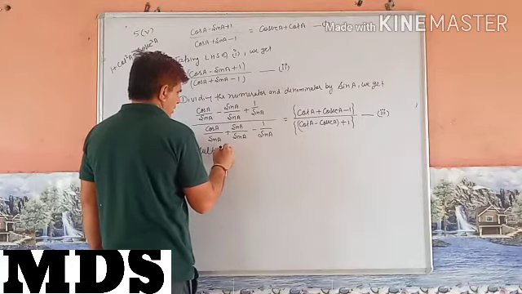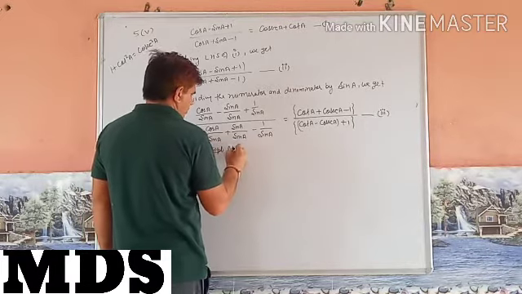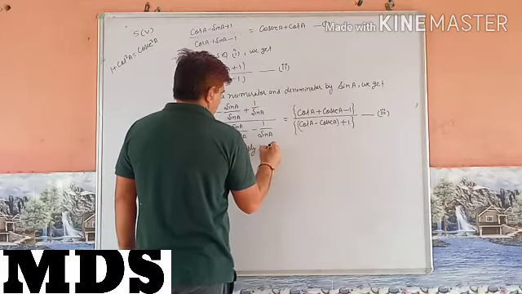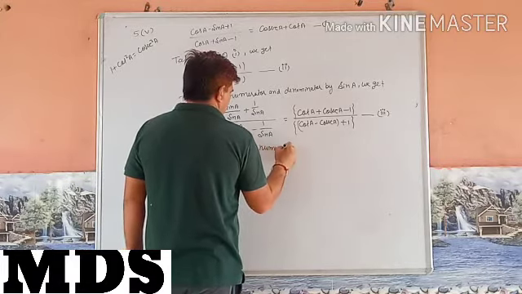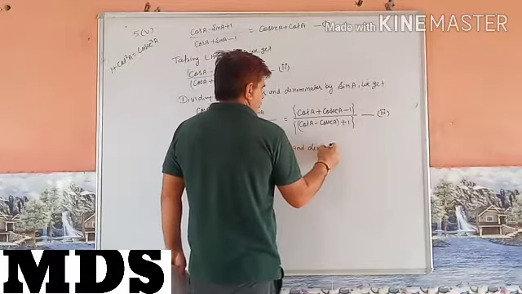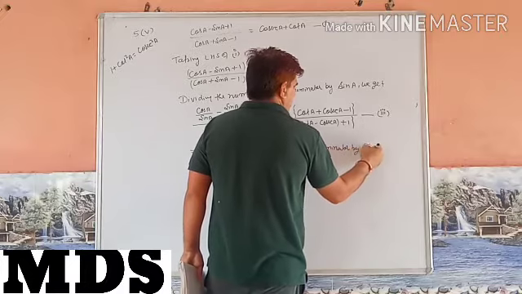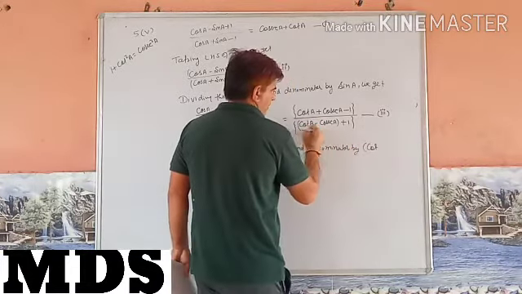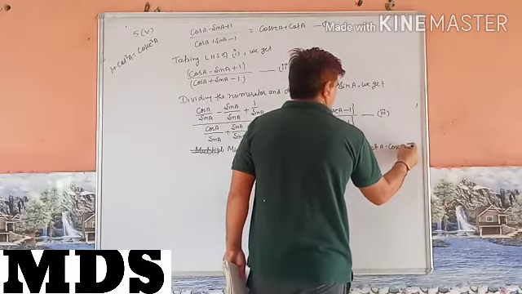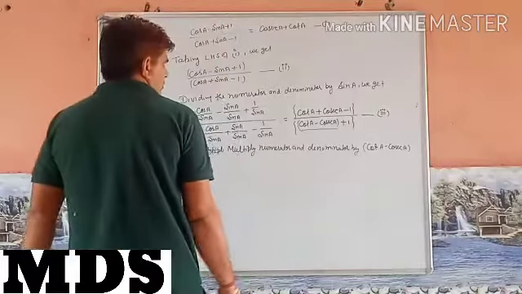Multiply the numerator and denominator by cotangent A minus cosecant A, because here there is plus and you want to convert to that.